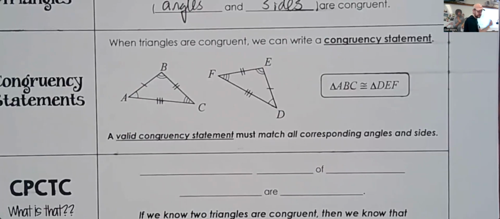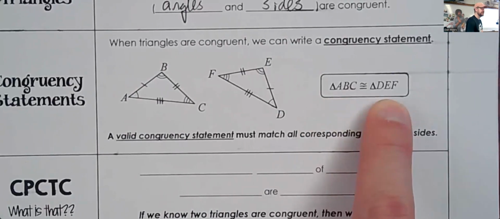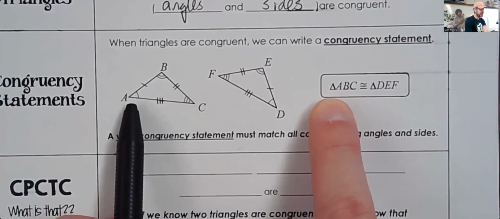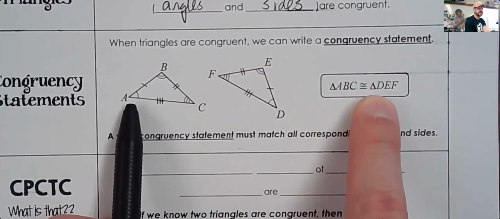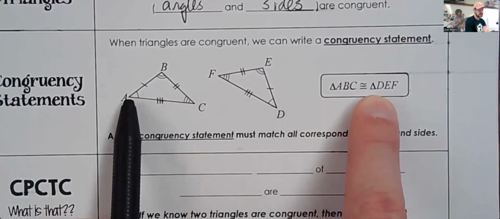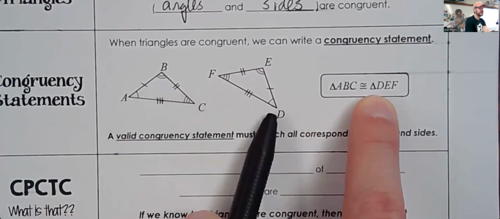But if you look here in the actual writing of this congruency statement, angle A on this triangle is the first letter, right? Angle D is the first letter over here. What do you notice about the markings for angle A and angle D?